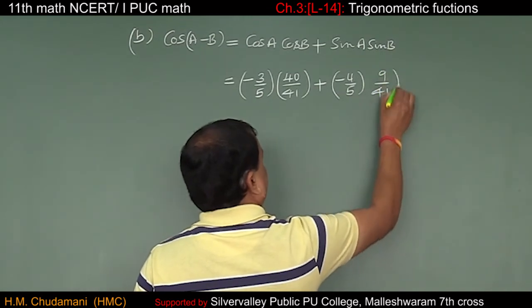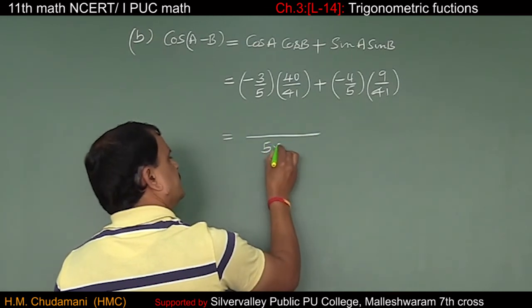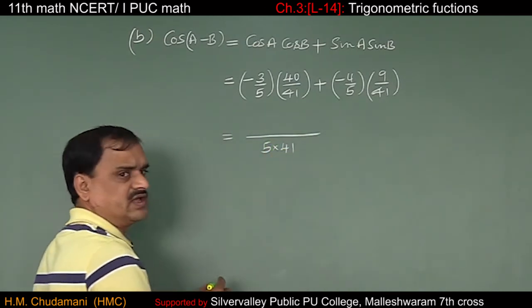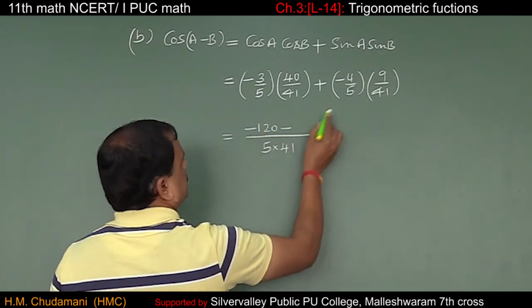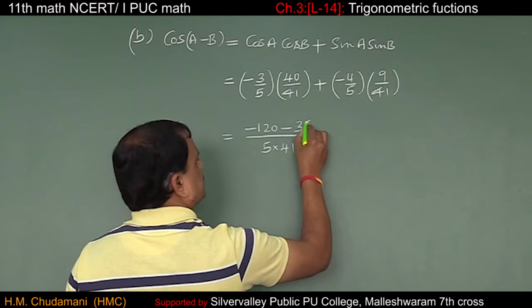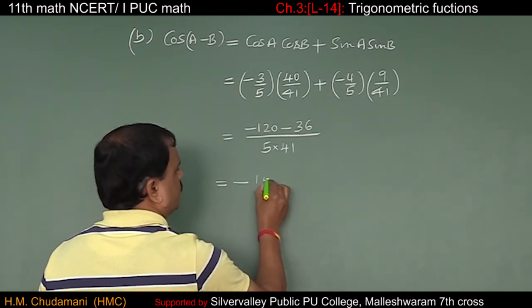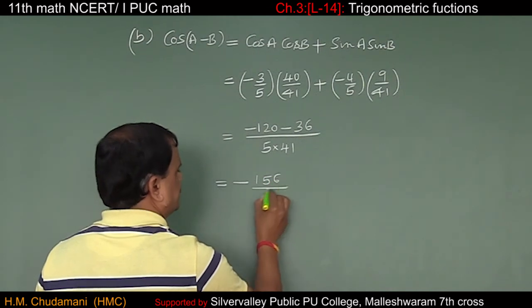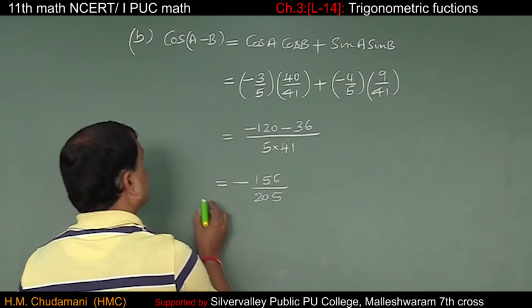So again 5 into 41 as the LCM. 3 into 40 is 120, 9 into 4 is 36. So therefore, minus 156 divided by 205.